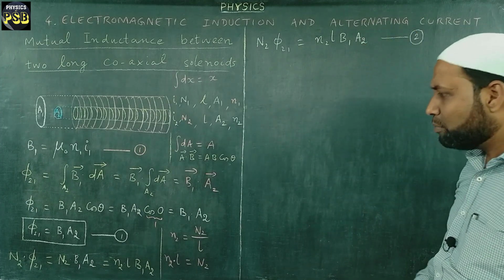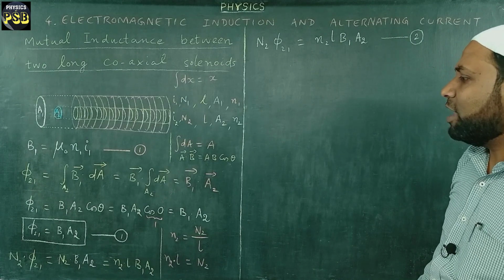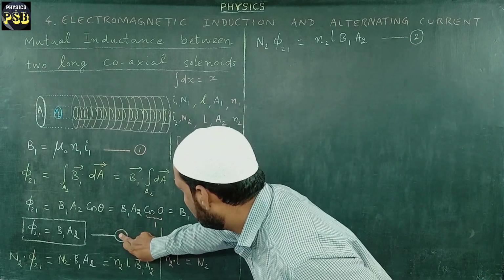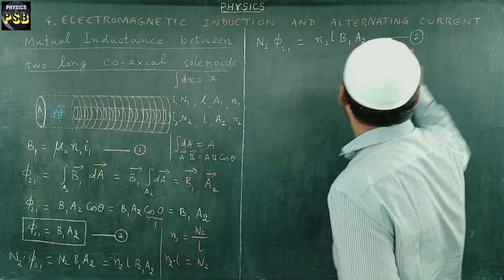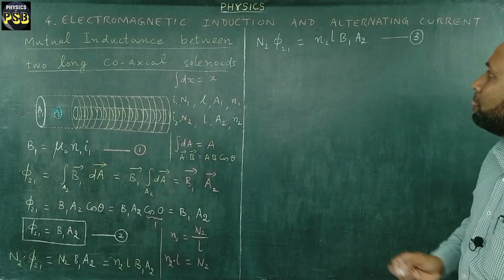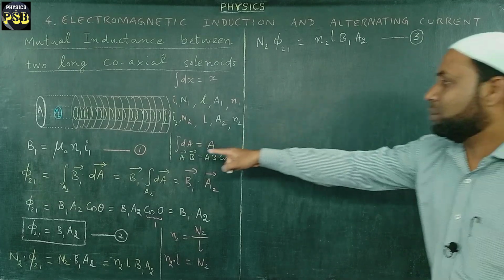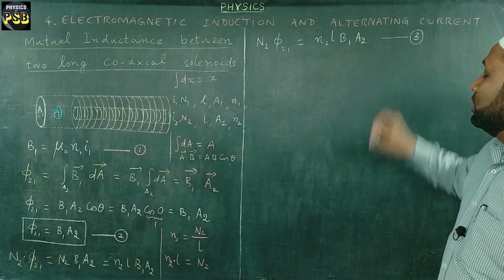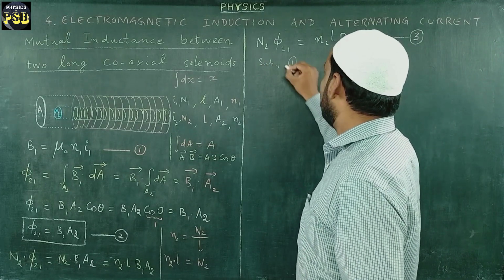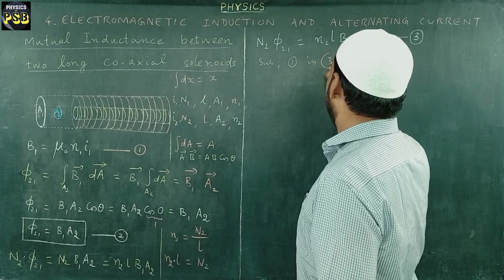Now I am going to substitute the value. It's not 2, it is 3. This one is taken as 2, and this represents equation number 3. Now I am going to substitute the value of B1 from equation number 1 in equation 3. Substituting 1 in 3, if I do so, what will I get?